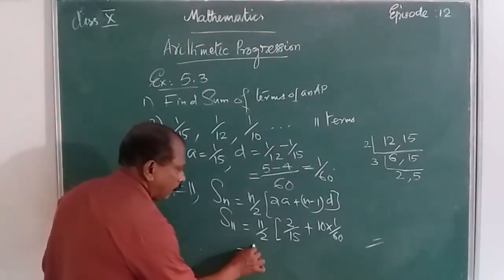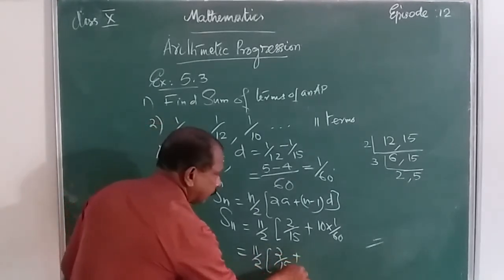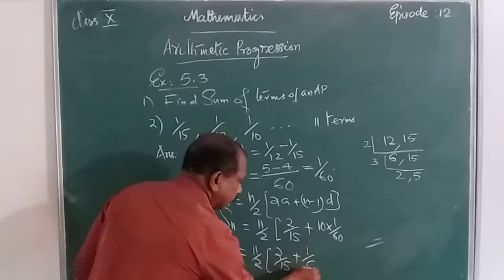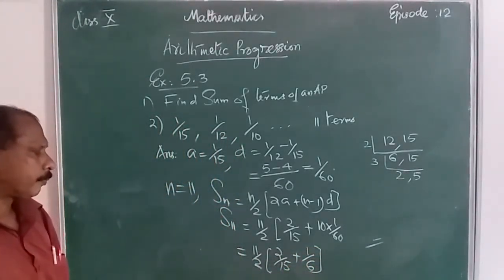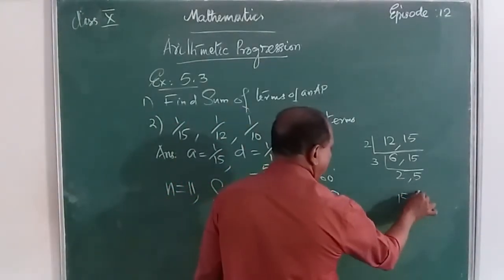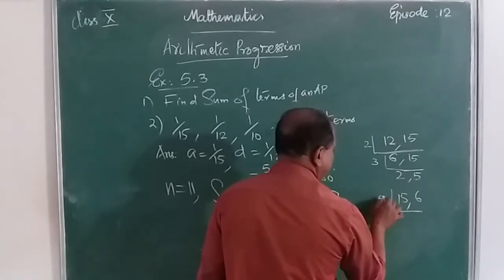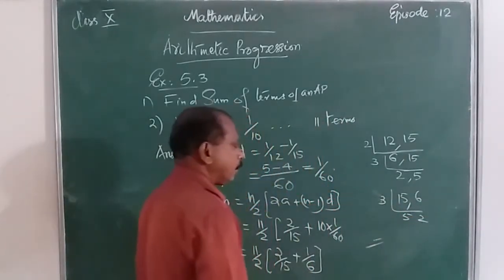That is equal to 11 by 2 into 2 by 15 plus 10 by 60 is 1 by 6. Then what is LCM? That is 15, 6 divided by 3, we get 5 or 2. Therefore, LCM.